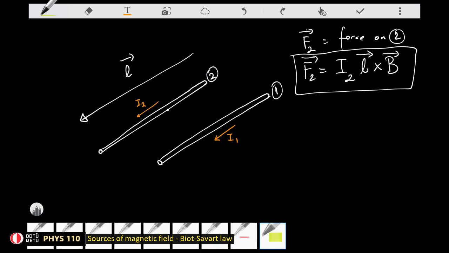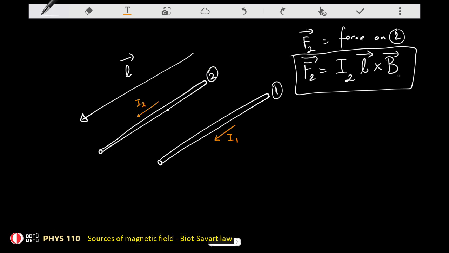So for that reason, in this formula, I'm just going to write B1 and include only the magnetic field due to the first wire. Let me write, this is field due to 1. So to repeat, I'm computing the force on the second wire, but for this purpose, I use the magnetic field produced by the other wires, and specifically for that problem, the magnetic field produced by the first wire.